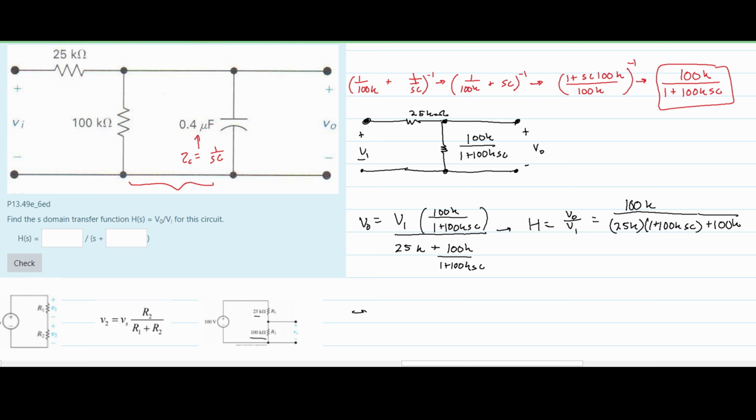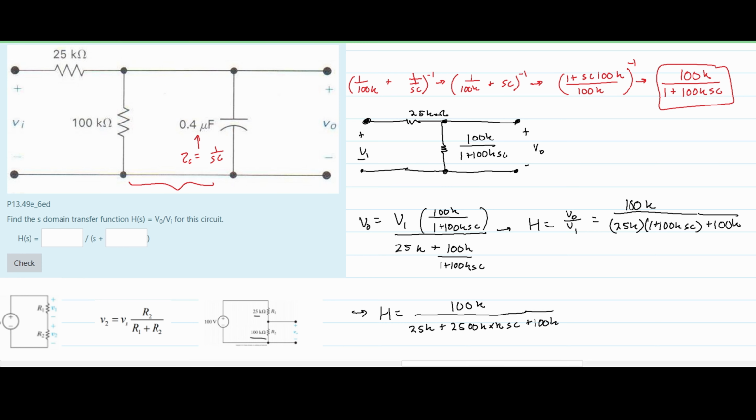After we write this, we can say that our H is equal to 100K still, and underneath this, we're going to distribute this 25K in. So we are going to have 25K plus 2500K times K times S times C, and then we're going to have a plus 100K.